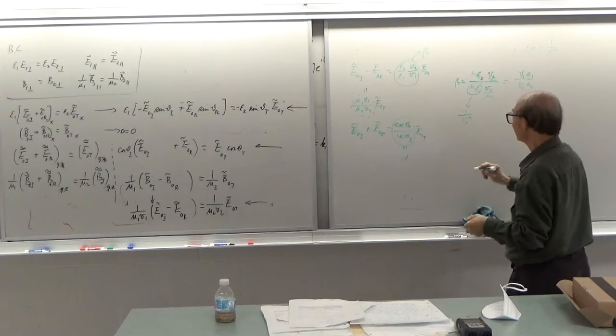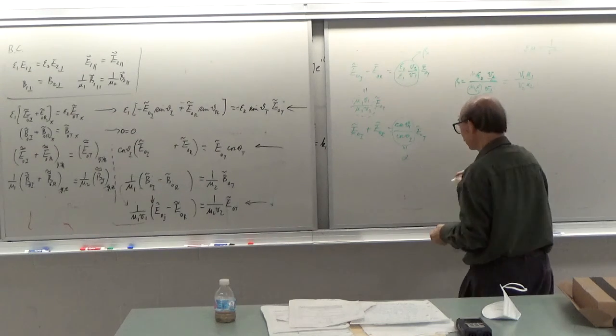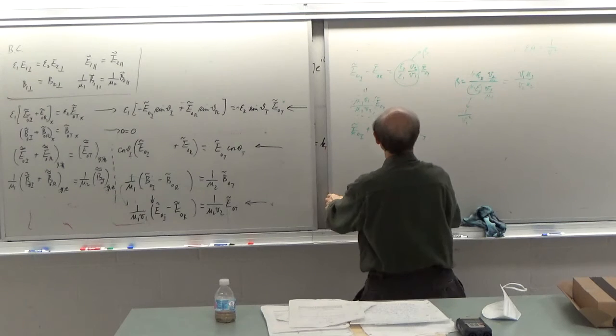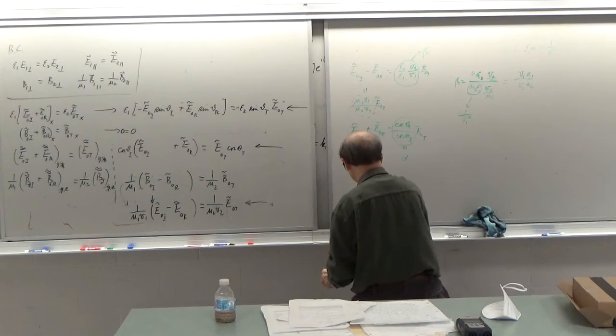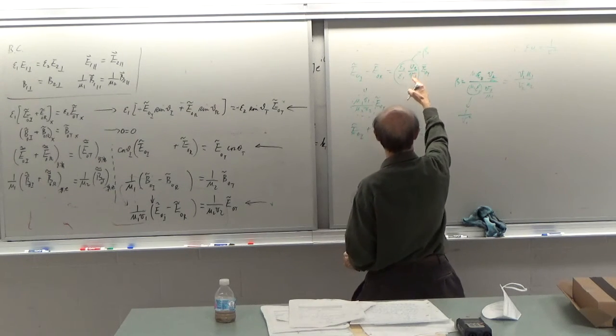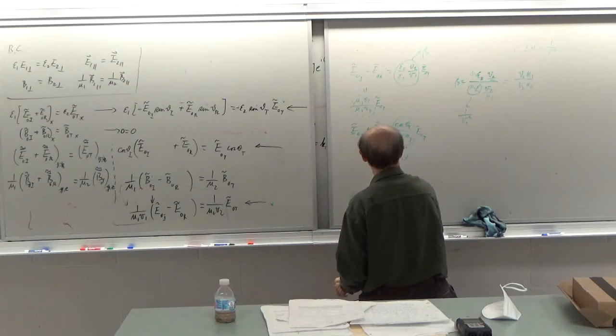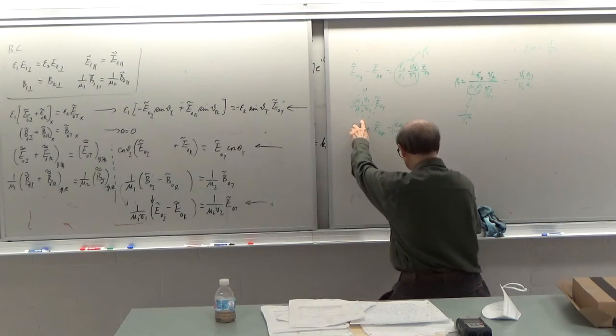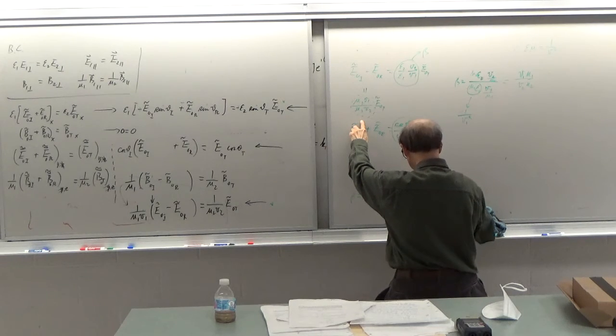Okay? Let me in fact copy that down here somewhere, because I will need that in a moment. Beta is equal to epsilon 2 V2 over epsilon 1 V1, and it's also equal to mu 1 V1 over mu 2 V2.